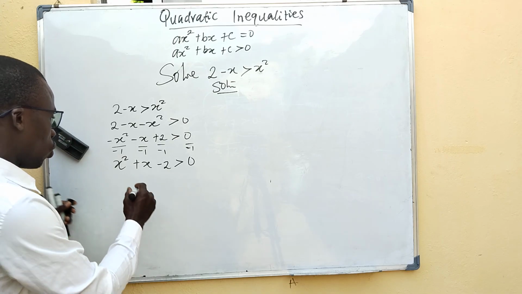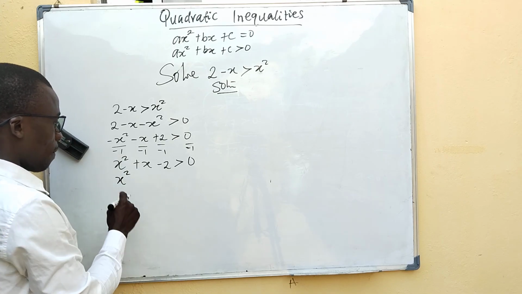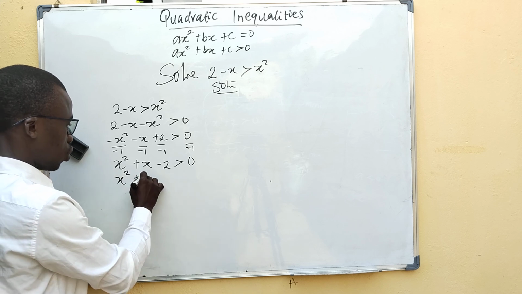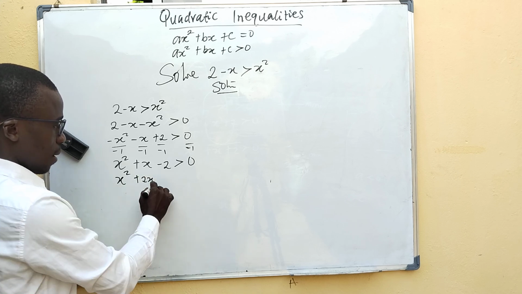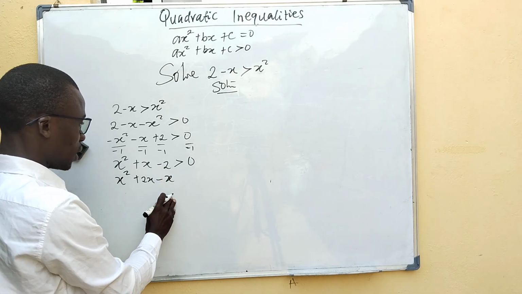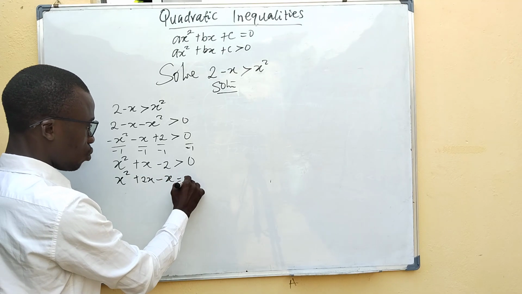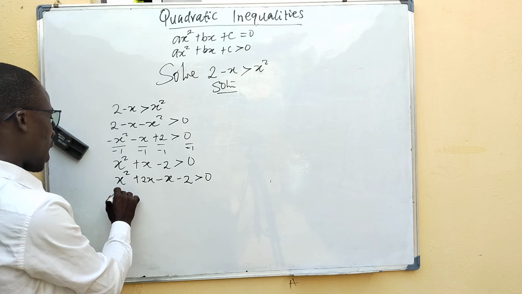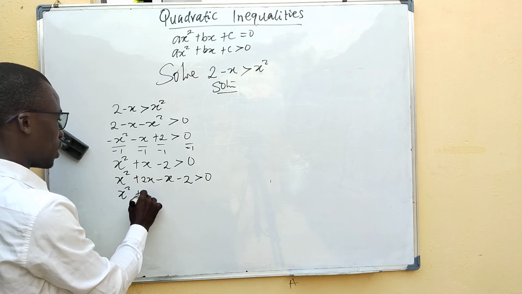Okay, let's take that, which means it will be x squared plus 2x minus x, minus 2 is greater than 0.